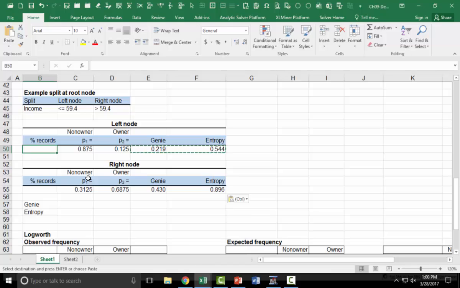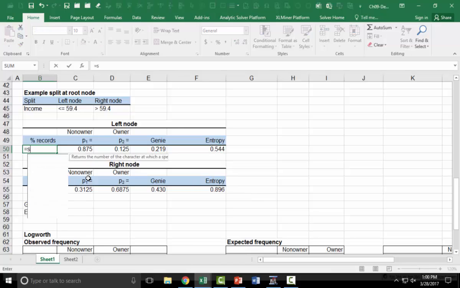So we have to sum, okay, it's the same here.